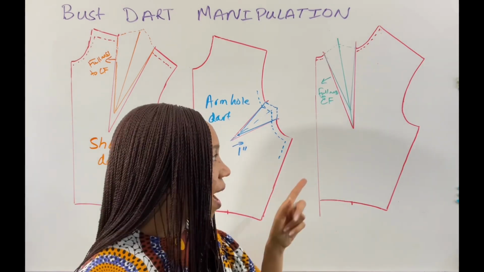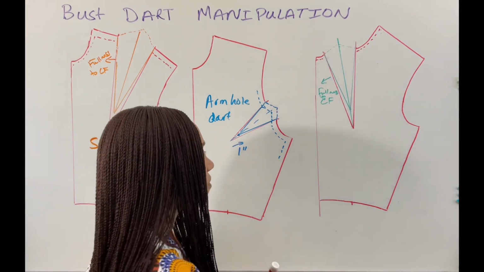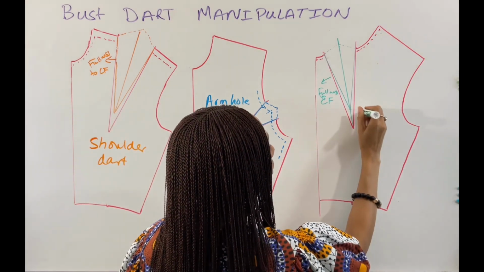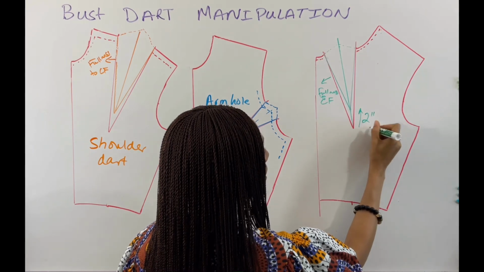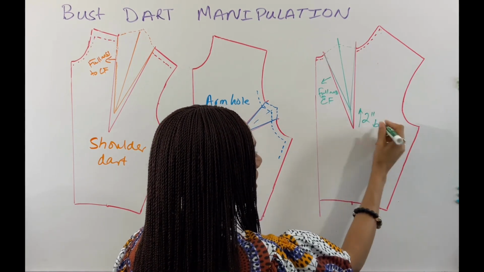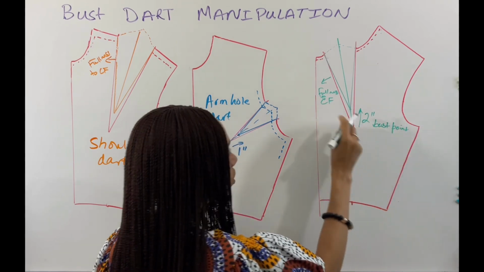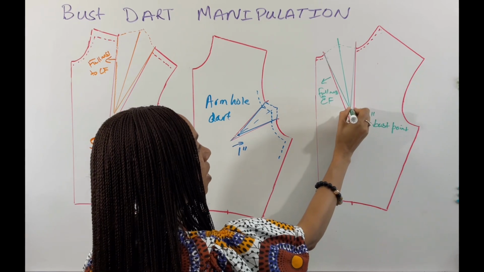Okay, so make sure you have that. So this new dart point, we went up 2 inches from the bust point to create your new dart line, which is right here, the tip of the dart.